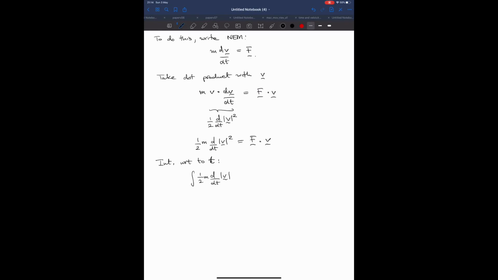Because m is a constant, and 1/2 is obviously a constant, this is clearly 1/2 m modulus v squared, which is exactly our kinetic energy term, equal to an integral. Now remember, I mentioned something about this being the work done by a force. Interesting point, this is commonly associated with the work done by your force.